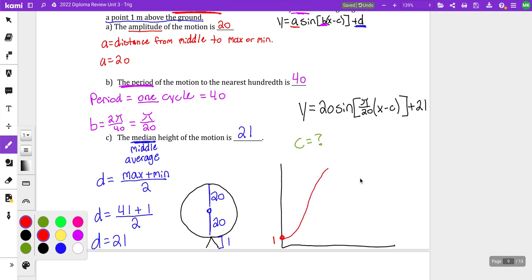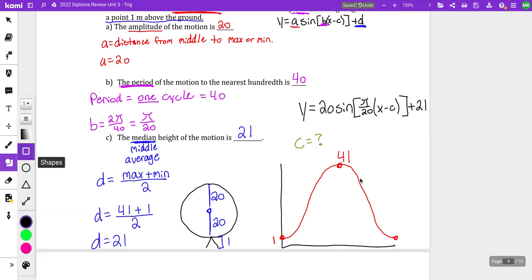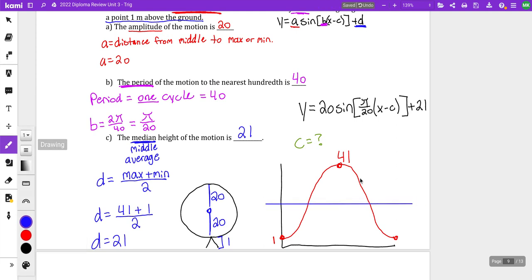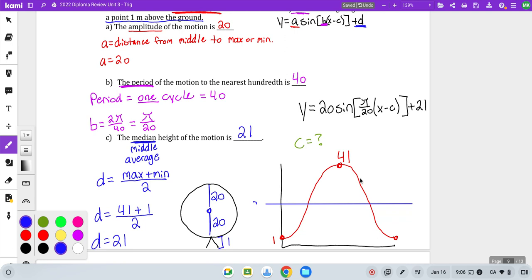I hit the top of the Ferris wheel and it comes back down. That maximum height is 41. I know that I have a midline right through here. We all agreed that that midline was at 21.